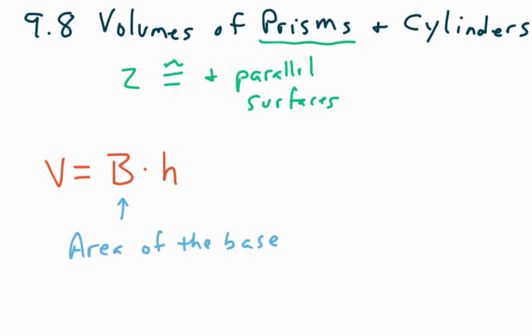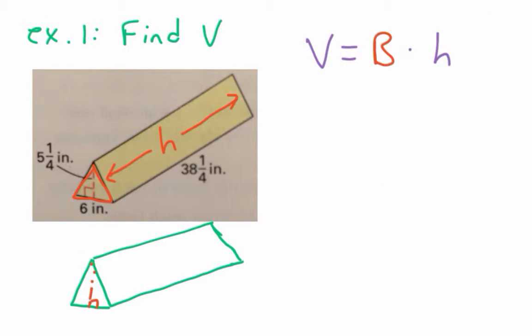So you might want to squeeze that in back here, that this H is the distance between the bases. I could see where that could be confusing and people might want to put in the height of the triangle. But instead you're finding the area of the base and finding out how many of those areas are there in that whole length or height of the object.